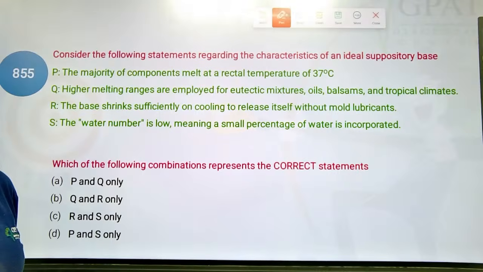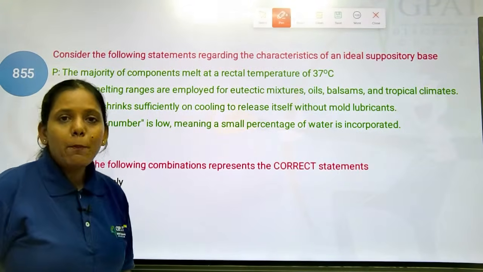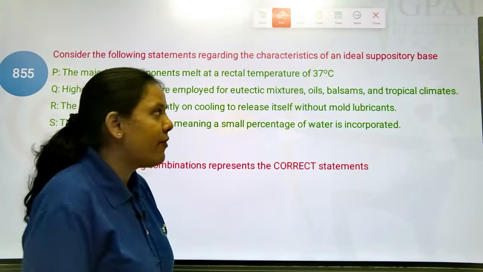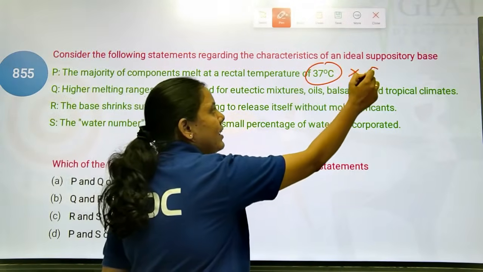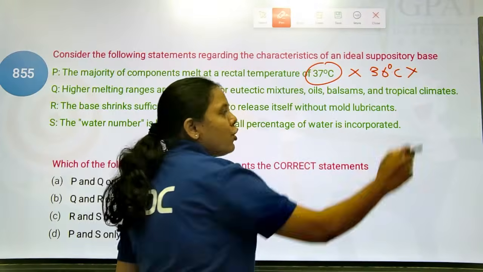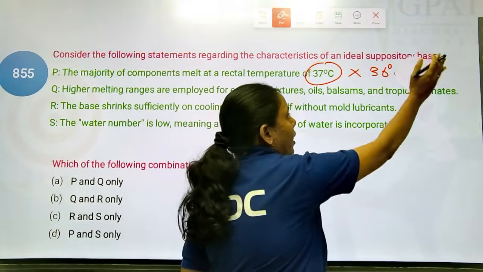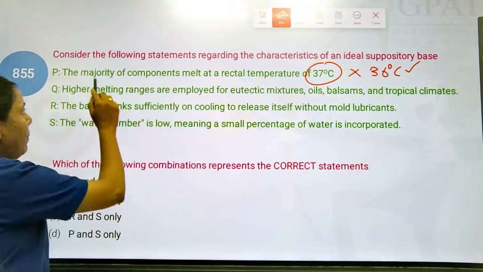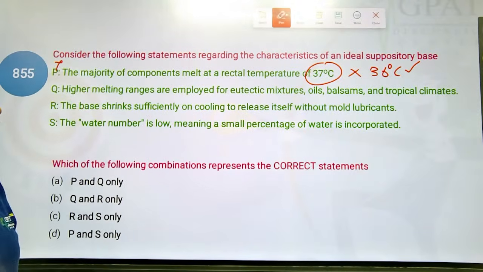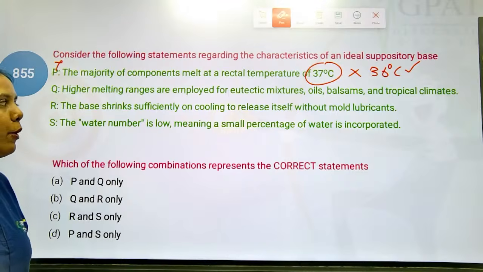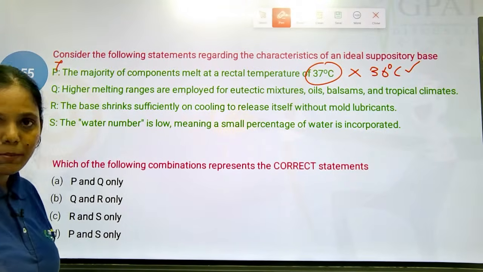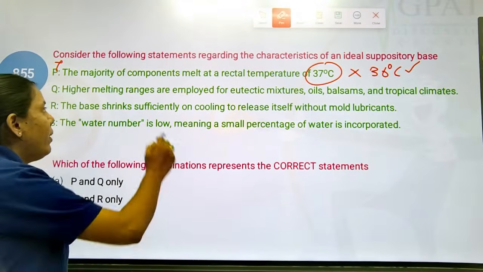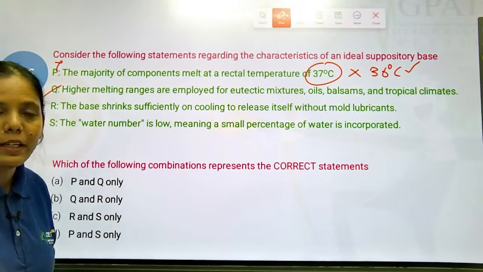Read the statements carefully. See, the rectal temperature is not 37, it is about 36 degrees Celsius. So 36 is the right one, which means statement P is not correct. Next, higher melting ranges are employed for eutectic mixtures. Yes, because at lower temperature they will melt, so Q is the correct statement.